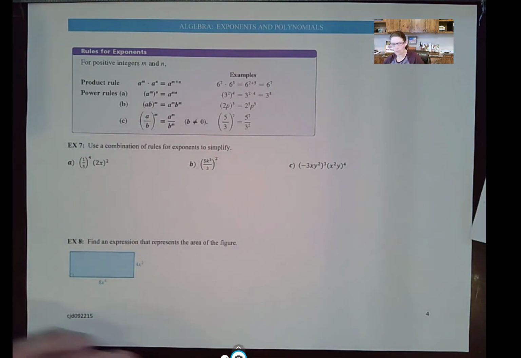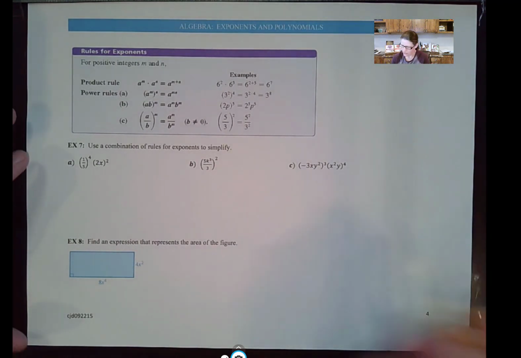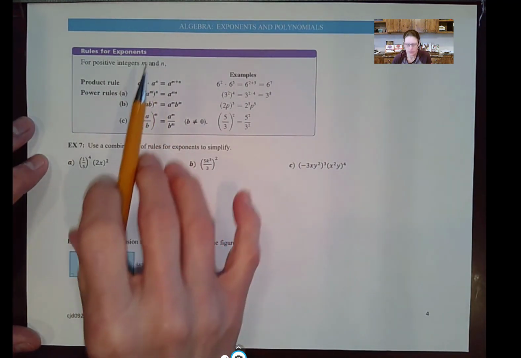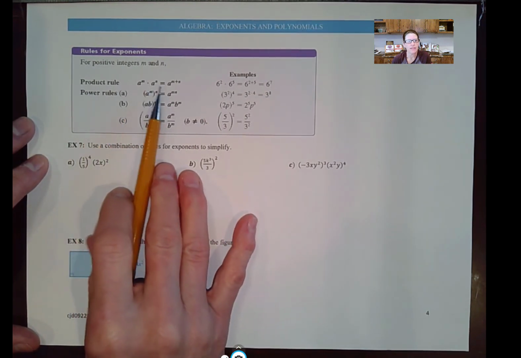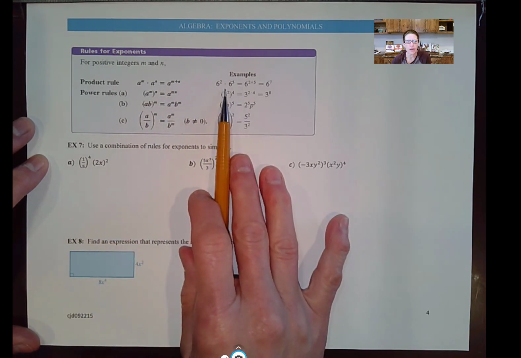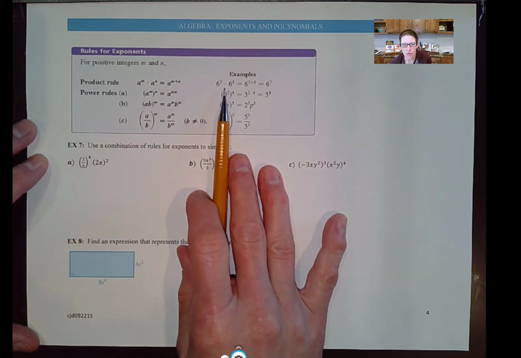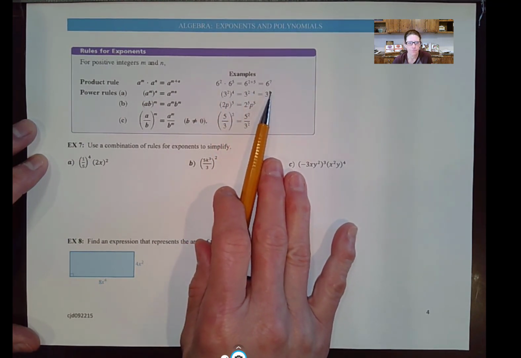So as we summarize our rules for exponents that we've learned thus far, for positive integers m and n, we have the product rule, which says when we multiply like bases, we add the exponents. For example, 6 squared times 6 to the 5th is equal to 6 to the 2 plus 5, or 6 to the 7th power.